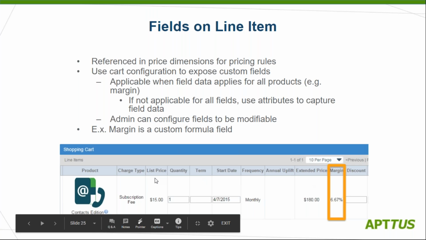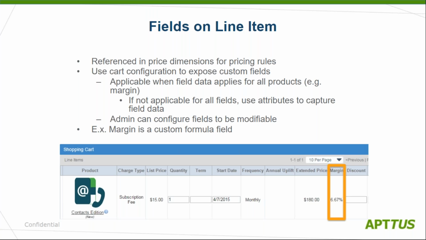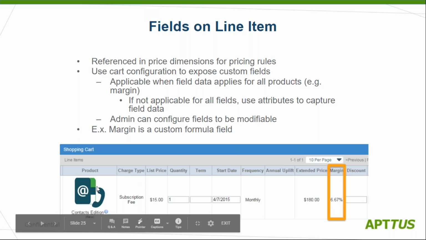We can see the list price is $15, the extended price is $180, but there is also a margin of 6.67%. We can expose all the fields available on the line item onto our shopping cart, because the shopping cart is the line item object. We just have to add it onto the layout.